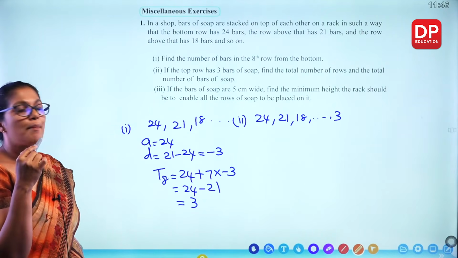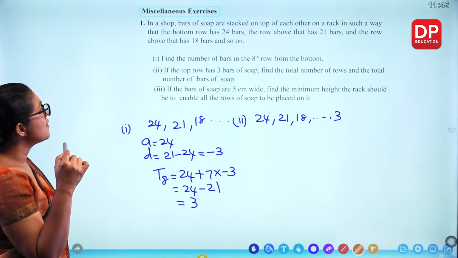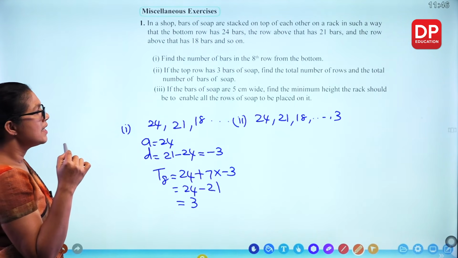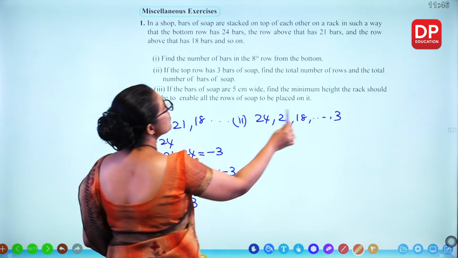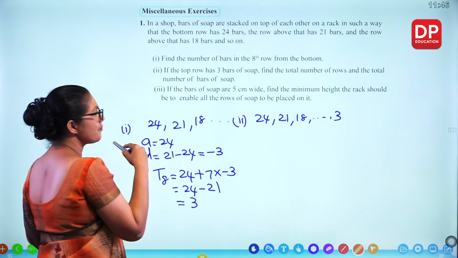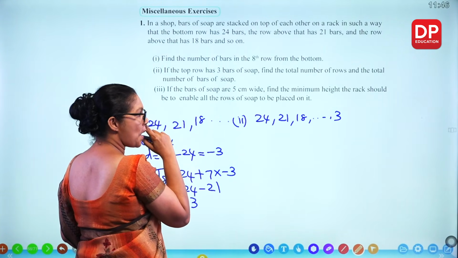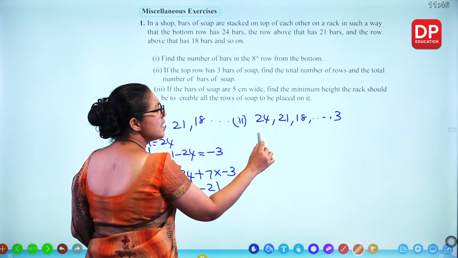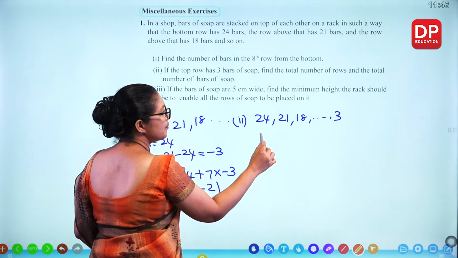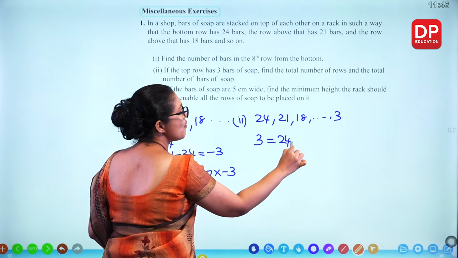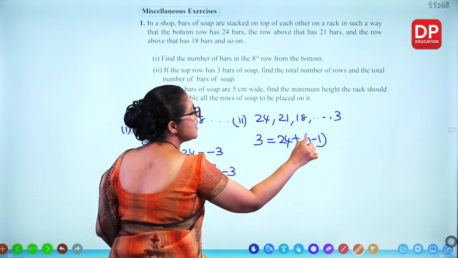So how many rows are there? Here to here. So here we can find out using nth term. So last term is 3, first term is 24, and you are finding nth term.